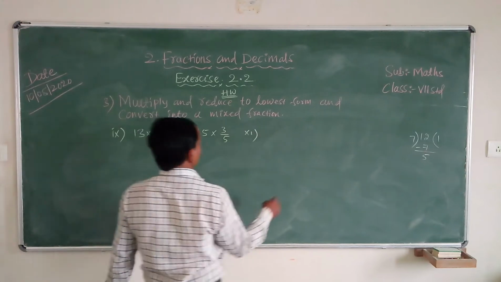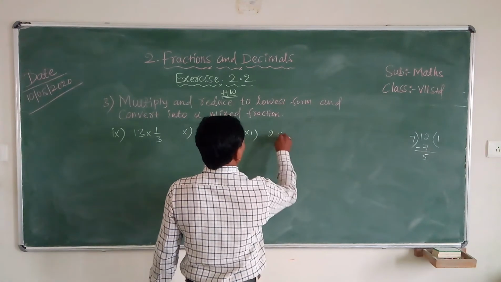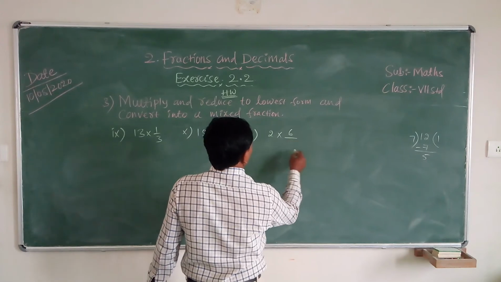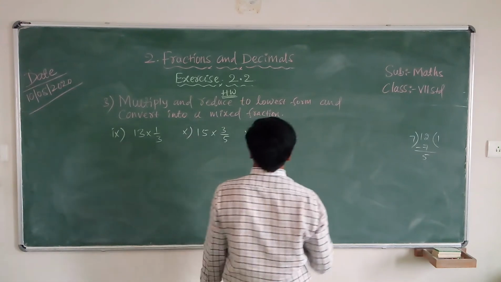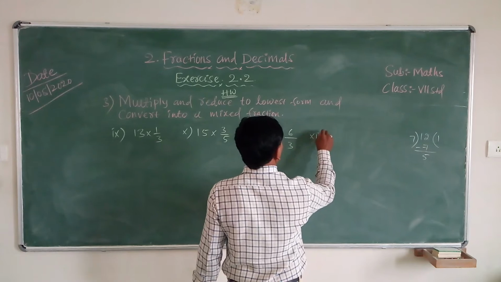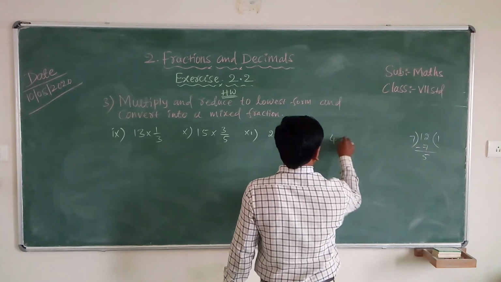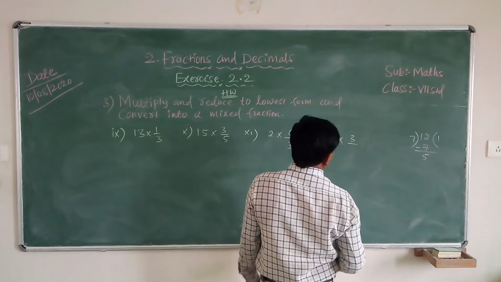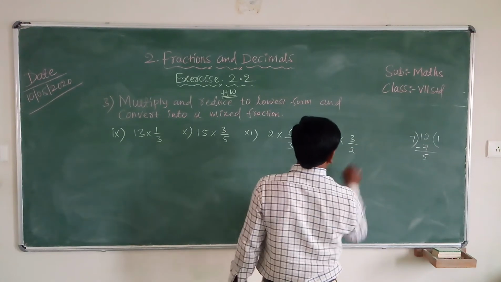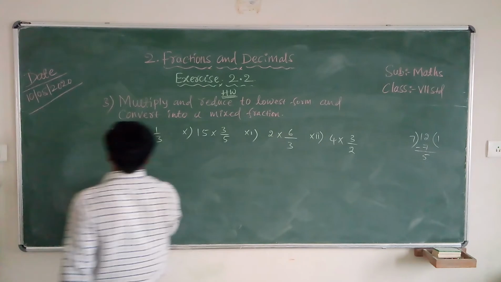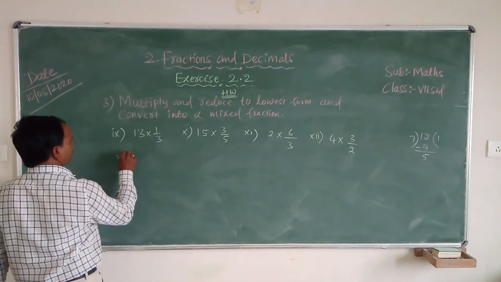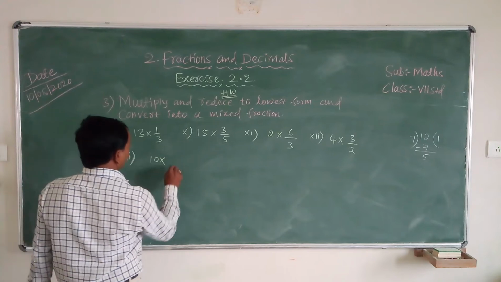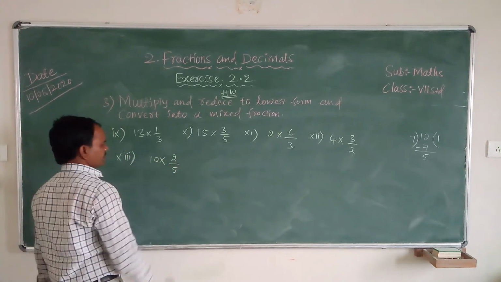11th one. 2 whole 6 by 3. 12th one. 4 into 3 by 2. And 13th one. 10 into 2 by 5.